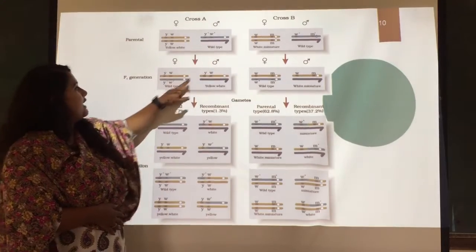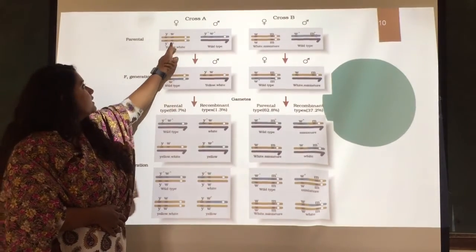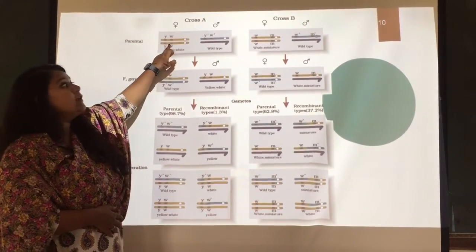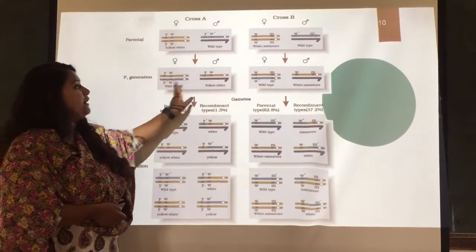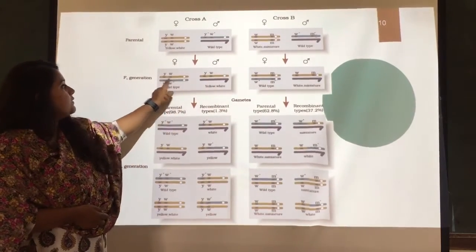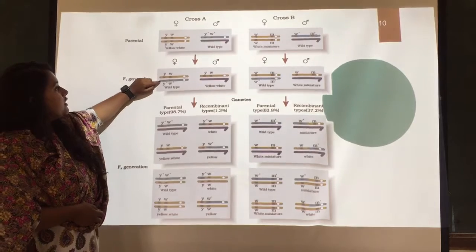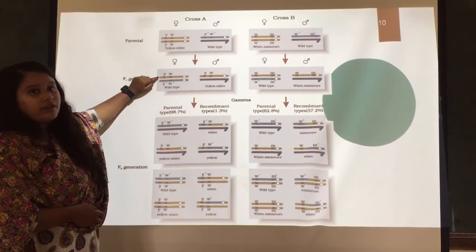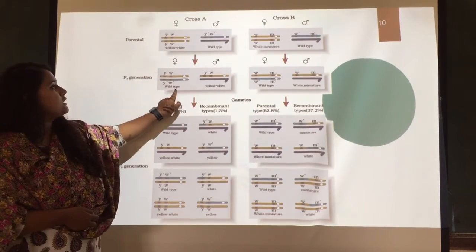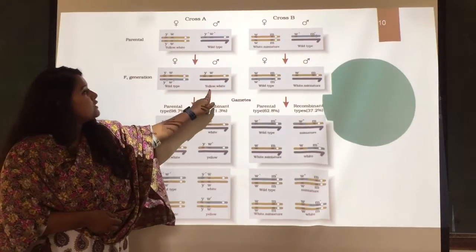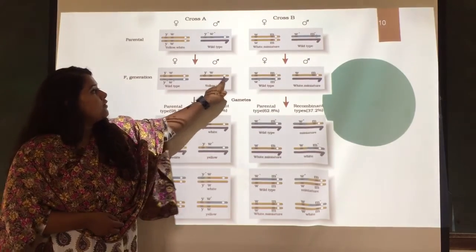The wild one came in this portion, and the yellow colored gene went to this. As this contained the wild type, it was dominant over the recessive one, and for this reason this was depicted as the wild type, and this was said to be yellow white because no other dominance was observed here.